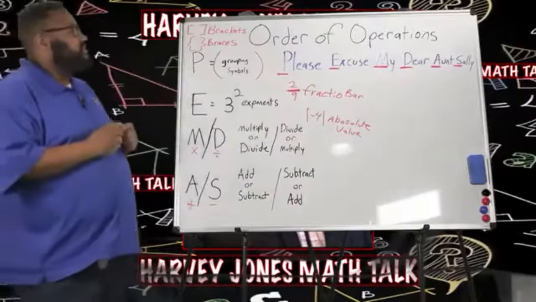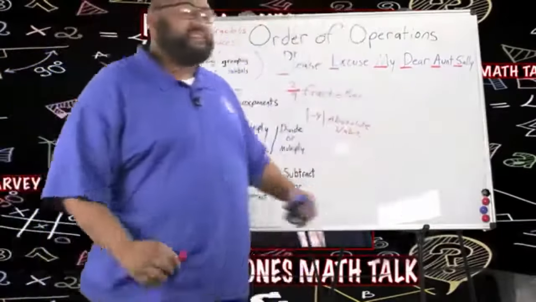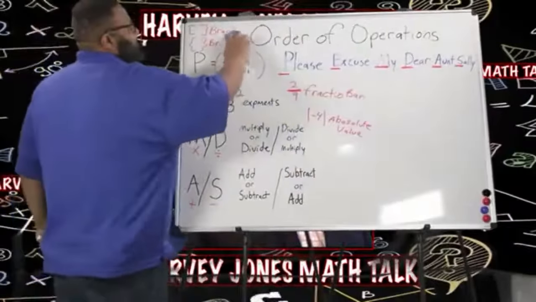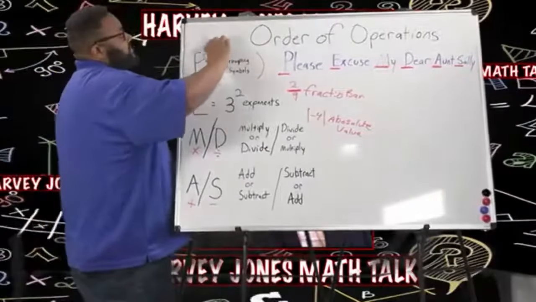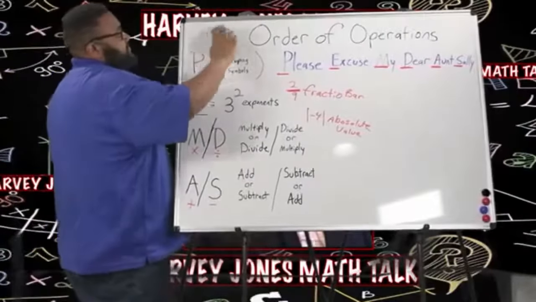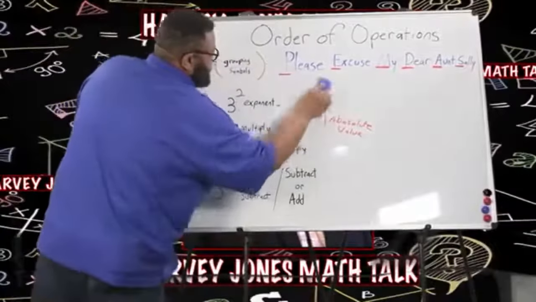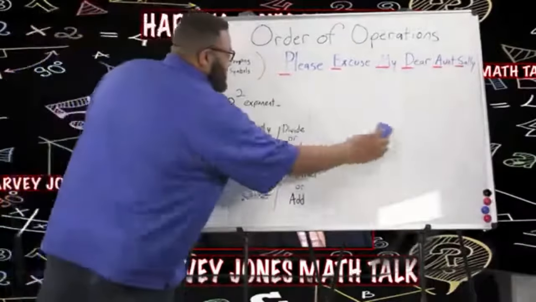Questions or concerns? Like I said, tonight I'm not going to focus on all of the grouping symbols because it depends on the grade level you are in and where you're going to use them. But for all intents and purposes, we're going to focus on the parentheses. Don't forget you've got fraction bars, and yes, absolute value.